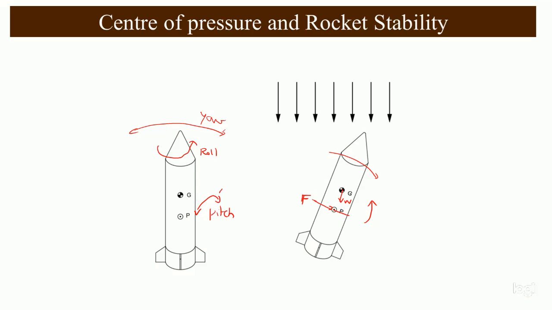This happens when the center of pressure is below the center of gravity. Now if the center of pressure is here and the center of gravity is over here, this is a stabilizing force. You see, the center of gravity acts as a pivot. This tries to make it go the other way around.